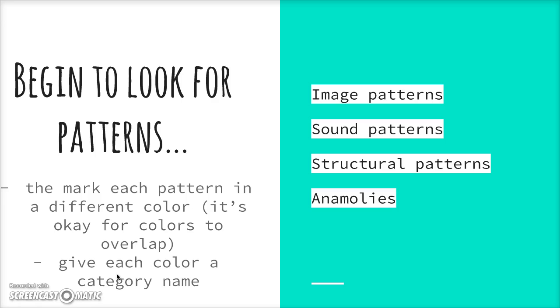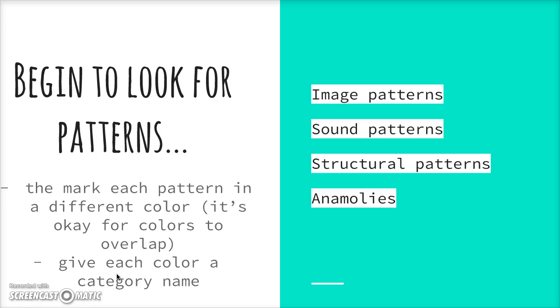So you're going to mark each pattern that you notice in a different color. It's okay for colors to overlap, and in fact, they probably will at some point. That's pretty clever. That's what smart poets do, is they use words to do multiple things. And then you want to give each color category a name. So it might be springtime words, or water diction, or alliteration.